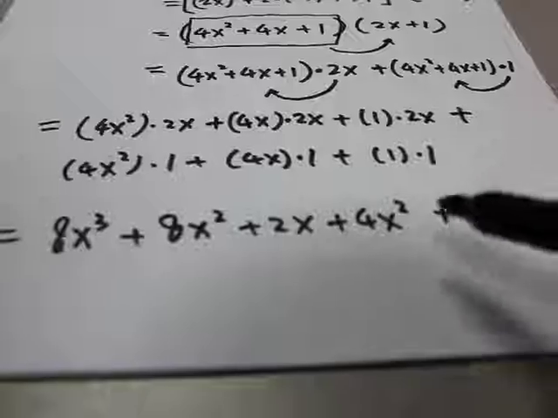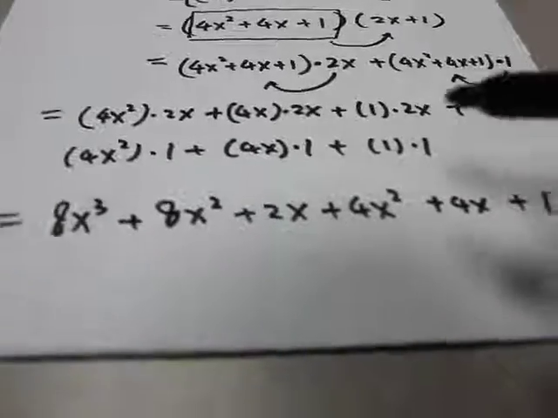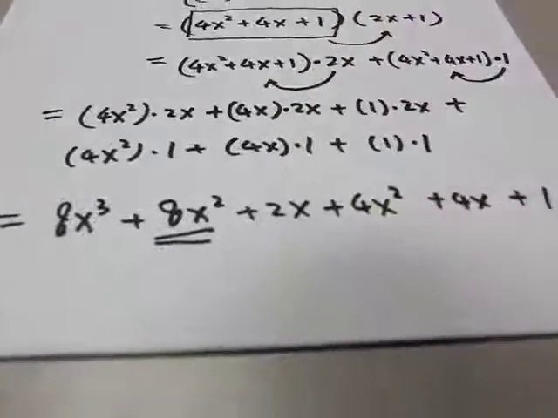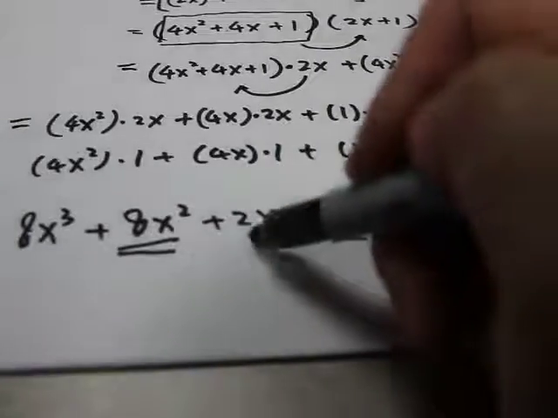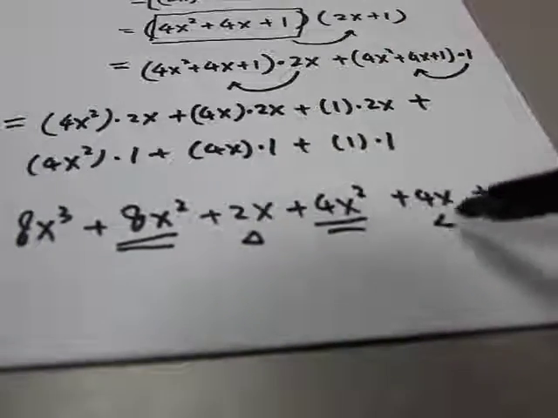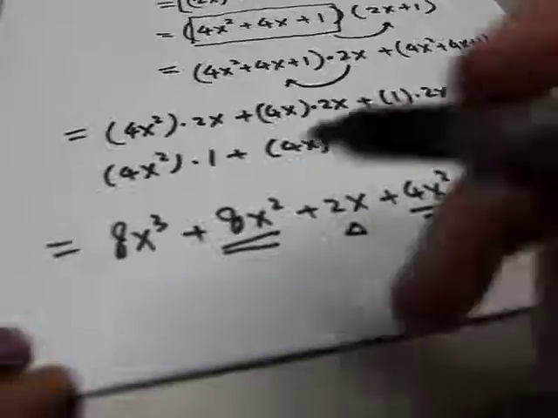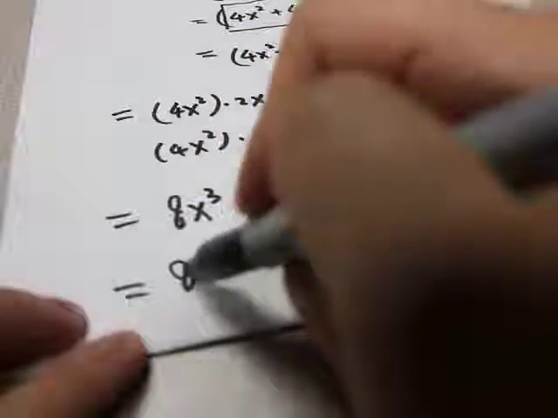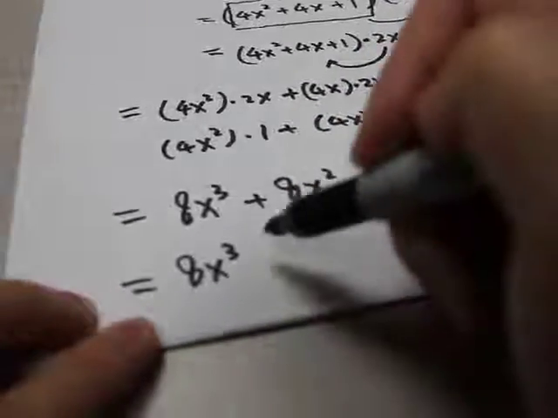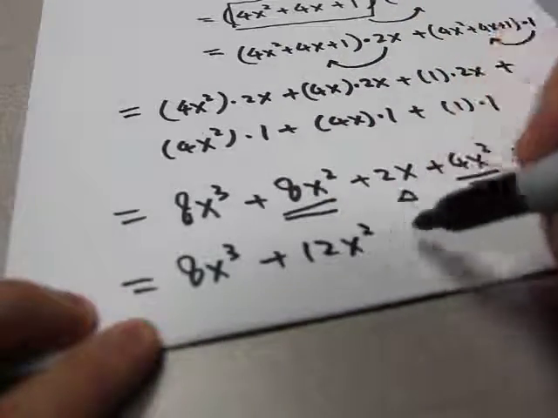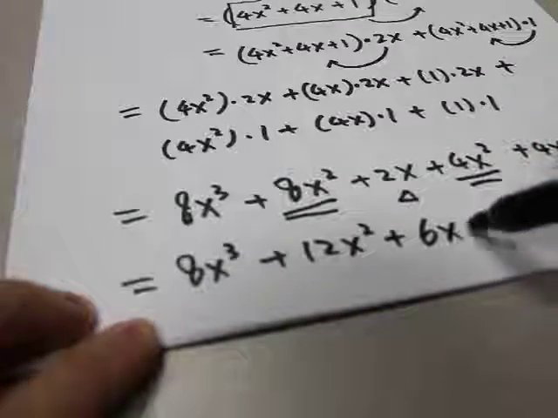Next, I'm looking for the like terms. 8x squared and 4x squared are like terms, and 2x and 4x are like terms. So I combine them, and I have the answer: 8x to the third plus 12x squared plus 6x plus 1.